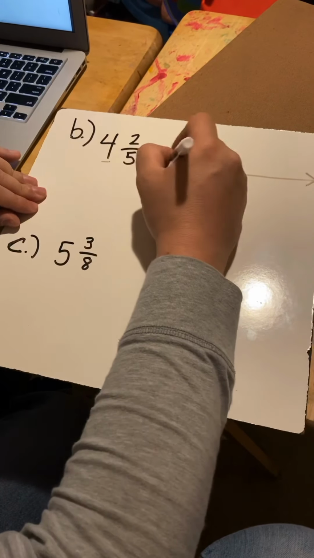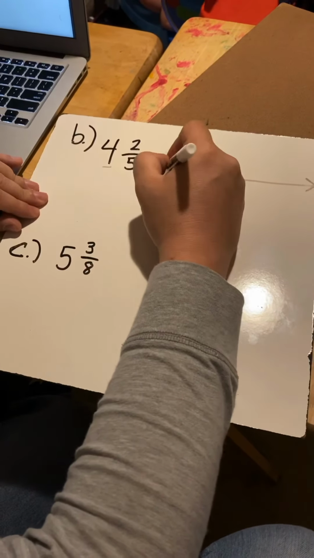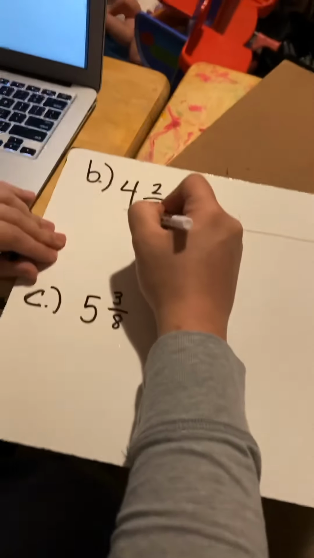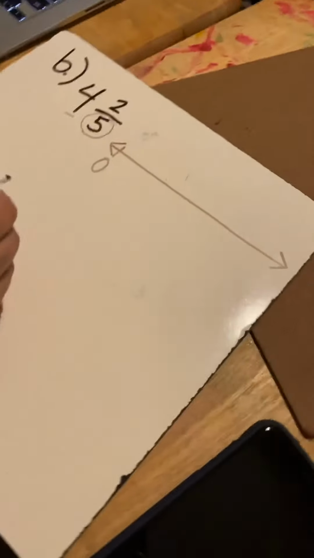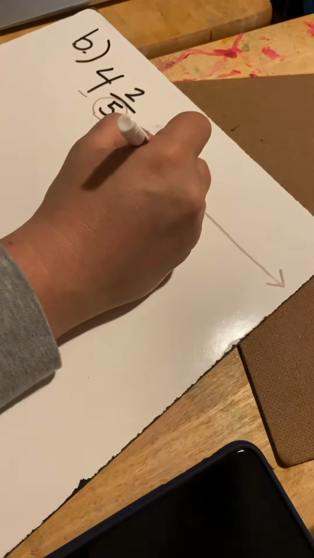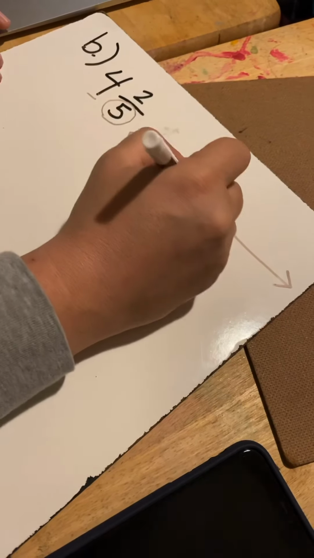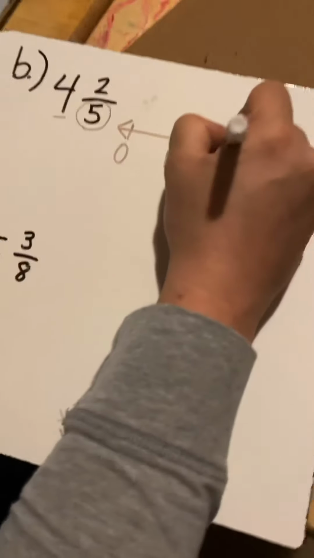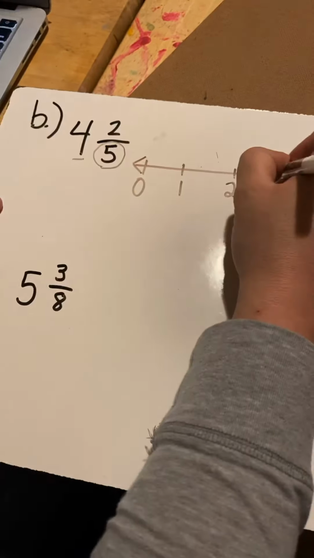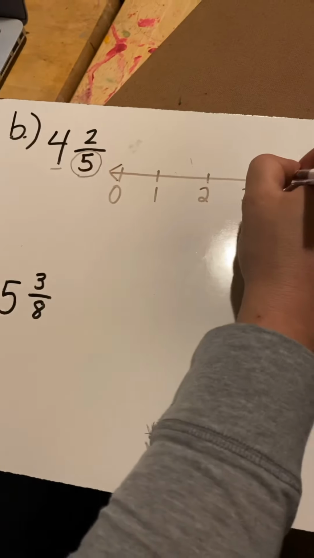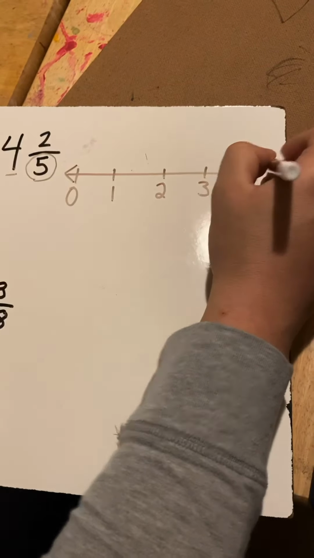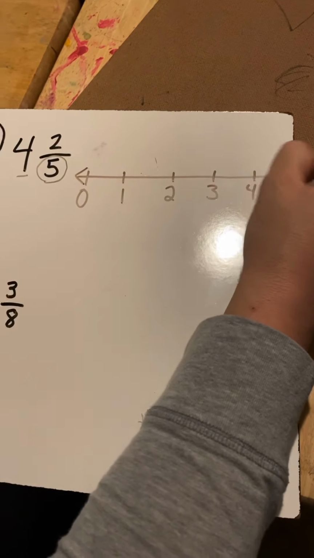And you see that each one of these wholes, starting at 0, is broken down into fifths. That's what my denominator says. That's what says how many pieces I broke that whole into. So here's 1 whole, 2 wholes, 3 wholes, 4 wholes, and then actually 5 will be somewhere over there.